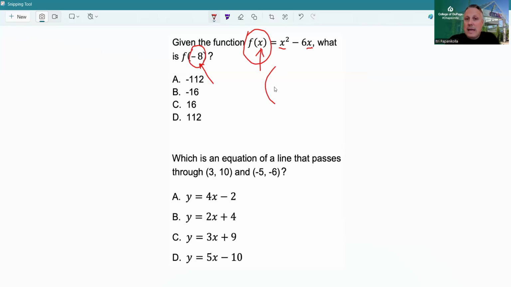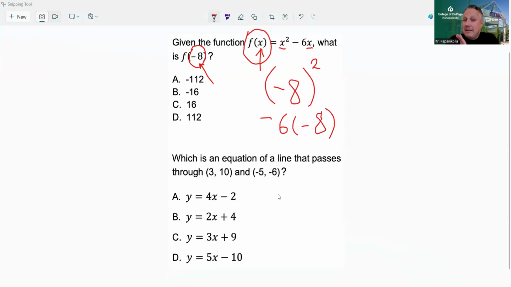So I'm going to take the -8 here and I'm going to square it because you can see the 2 there. And then I'm going to minus 6 times, instead of x, I'm going to put a negative 8. A couple of things to keep in mind here is that when you have two negatives, the two negatives become positive.